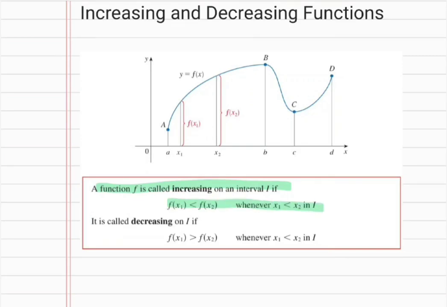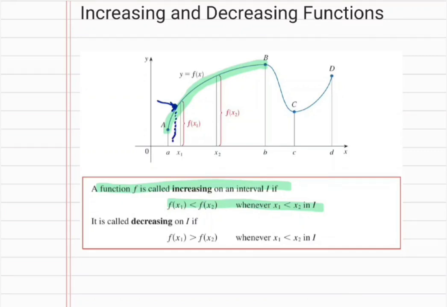So what does this mean? Basically, consider for example the curve from point A to point B. In this portion of the curve, pick any x value, any random one. I'm going to pick this x value here.